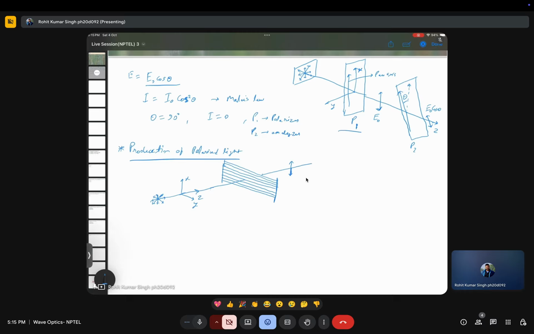Can you tell me why? How could this happen? This is a wire grid polarizer, and this is the basic principle of polarization. Can you think what could lead to this random electric field oscillation being confined to only one direction?